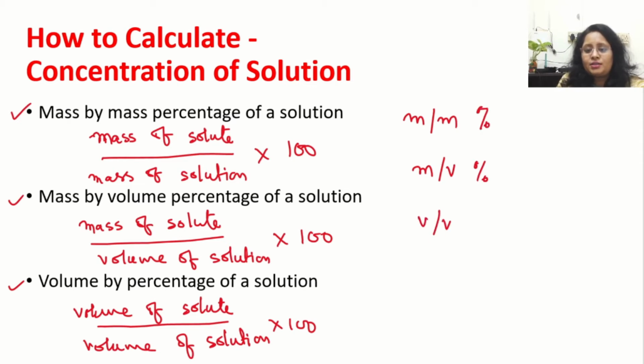So by seeing any syrup bottle, you can understand what it is. That is the concentration of the solute in the solution in the form of percent. So mass by mass percentage we get by this formula, mass by volume by this formula, and volume by volume by this formula.